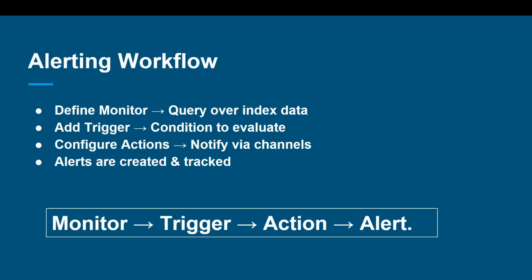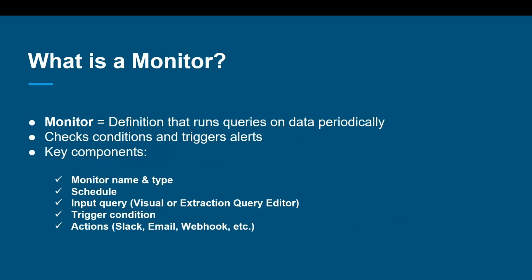This is the workflow. What is a monitor? A monitor is something that runs periodically, along with the trigger conditions. It is like a constant check which looks into the data: what data you're looking for and what value you're looking for. It runs periodically, checks the condition, and then shoots an alert.